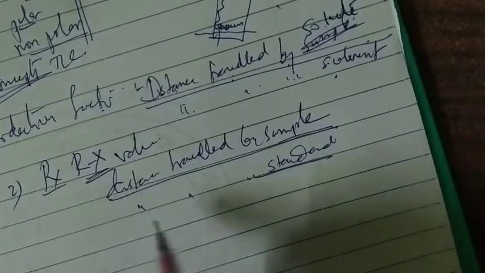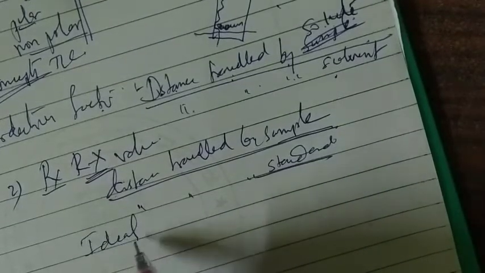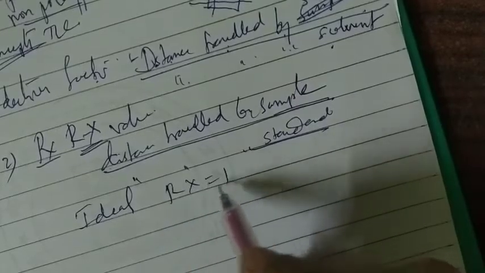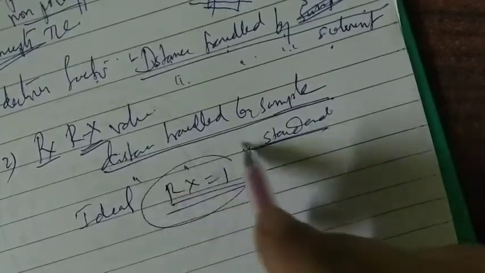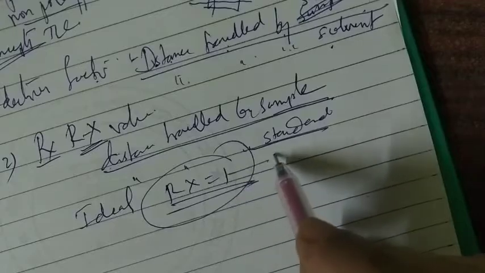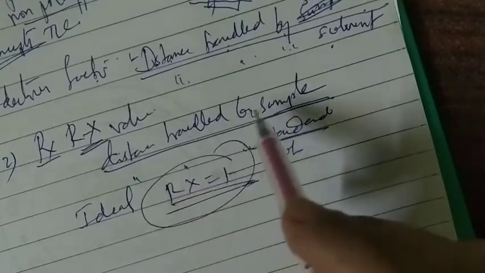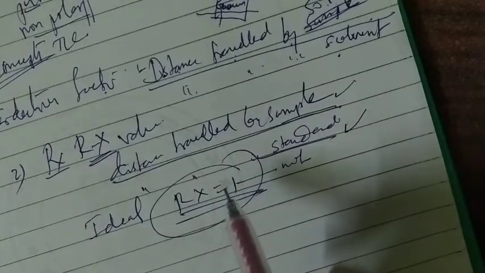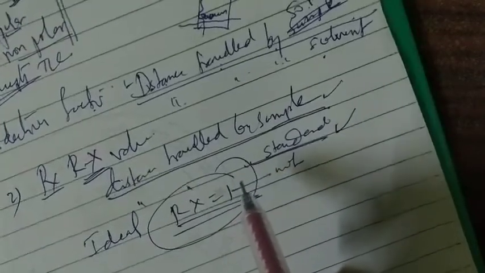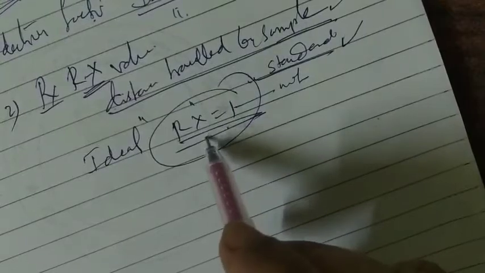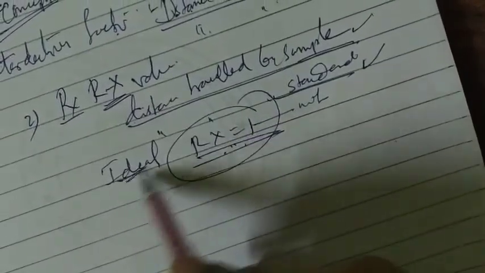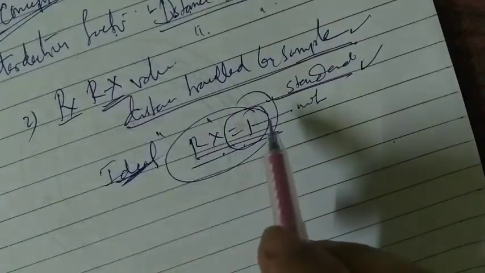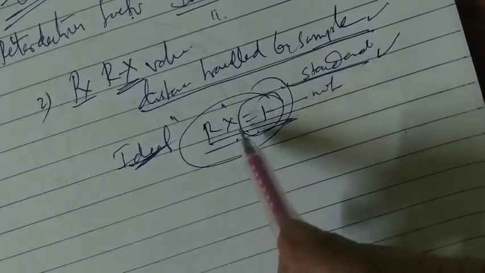Under ideal conditions the standard value of Rx is equal to 1, but usually exactly 1 will not be there, because variation will be there between the standard and the sample. As an ideal condition we take Rx as 1, otherwise it will vary.